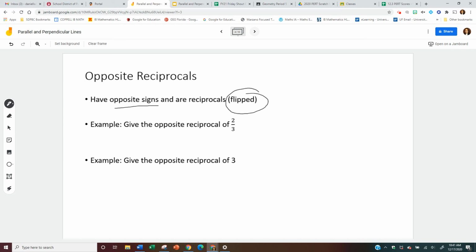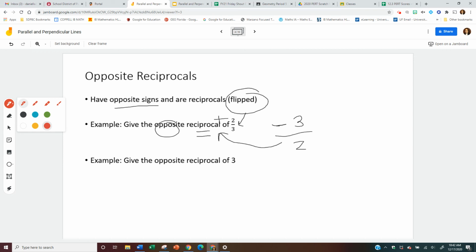For example, to find the opposite reciprocal of 2/3, 2/3 is a positive number, so the opposite is negative, and the reciprocal is the flip of 2/3, which would be -3/2. So -3/2 is the opposite reciprocal of 2/3, and those slopes would be perpendicular to each other.